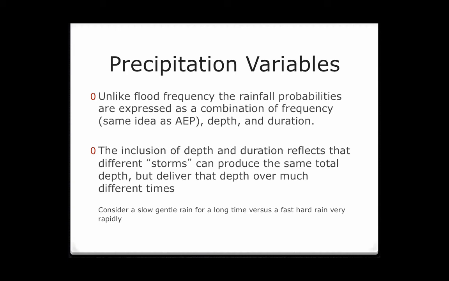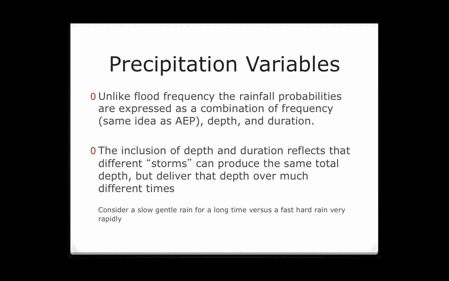So a 10% chance rain or a 10-year rainfall event has the same probabilistic context. But what differs is a 10% chance storm could come all at once in a couple of minutes, or it could be spread out over a long period of time, and those storms are going to behave differently, yet have the same probability.